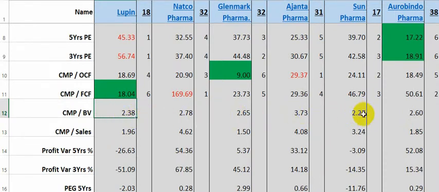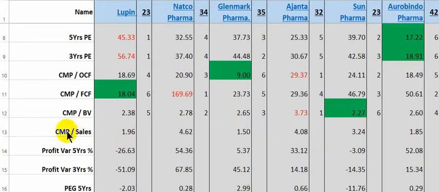Most of the companies are trading above this level of 2.5 times. Price to book value, the most expensive is Ajanta Pharma at the highest multiple of 3.7 times, whereas Sun Pharma was the cheapest one, available at just 2.27 times.